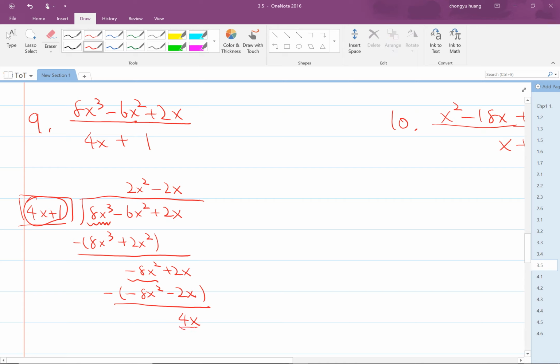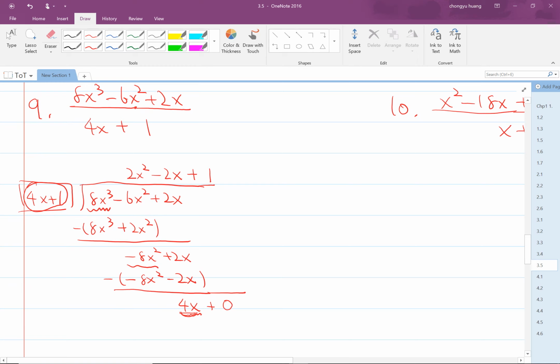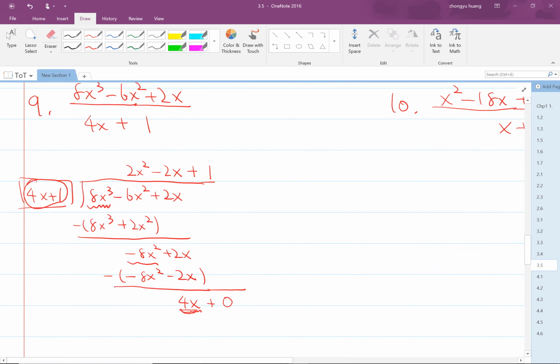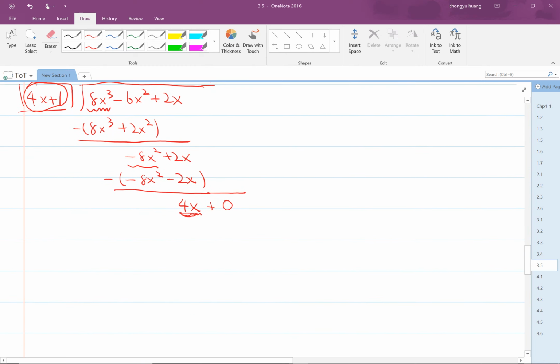So right now we want to get rid of 4x, so it's actually equal to 4x plus 0, right? So how can we get rid of 4x over here? We just simply multiply by positive 1. And then, let me move it down a little bit.